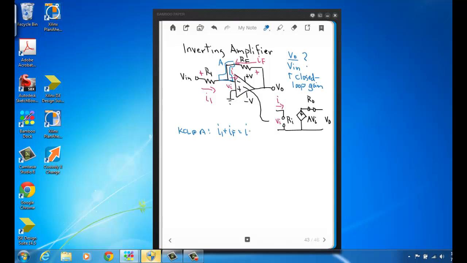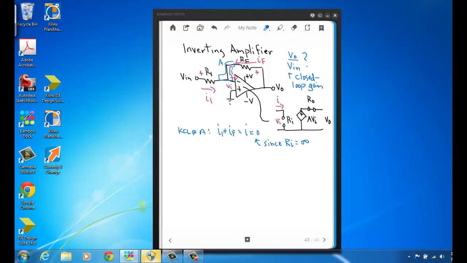So the ideal analysis that we do in this class is very close to what you would actually see if you hook this circuit up in a lab situation, as many of you will be doing in the lab portion of this course. So you see here little i is equal to 0, and this is because Ri is ideally infinity.